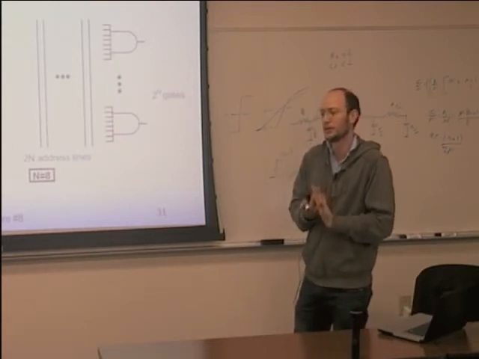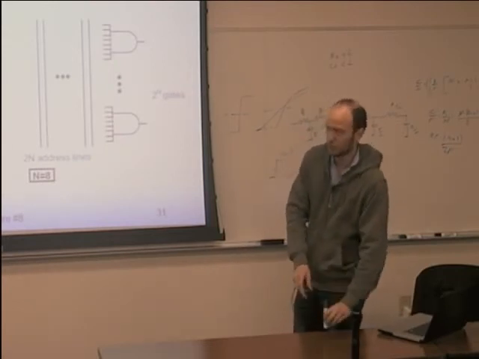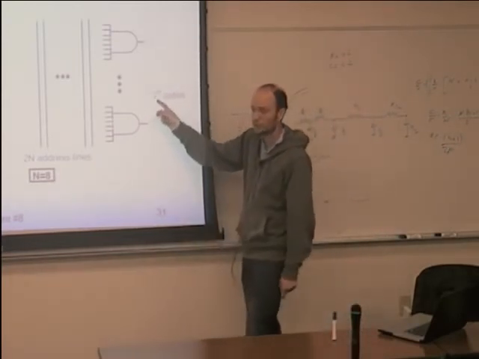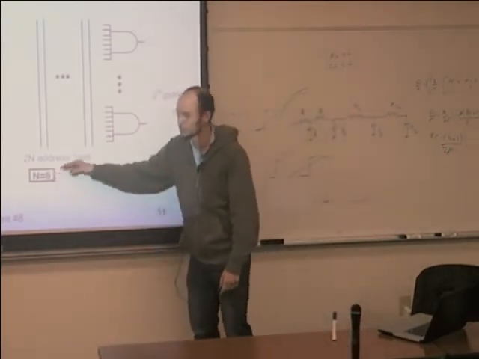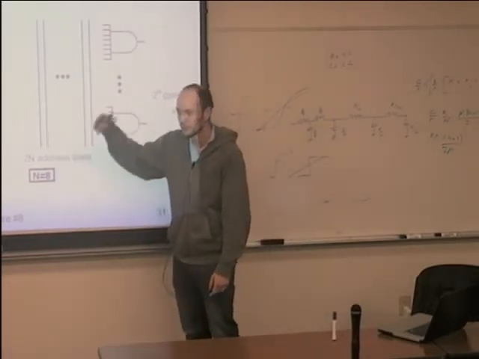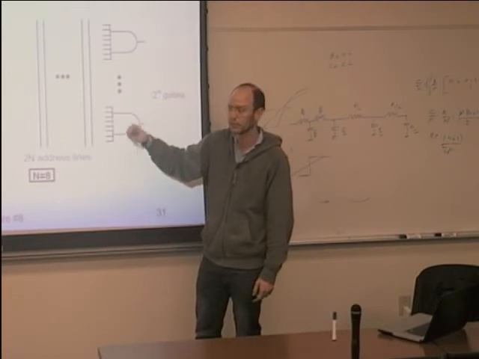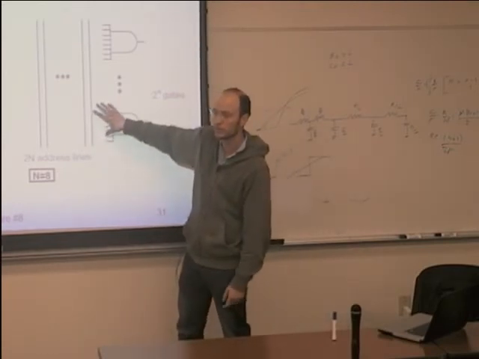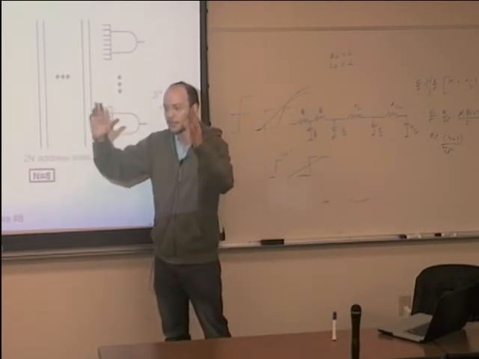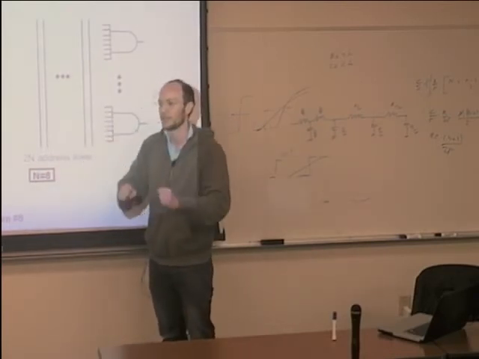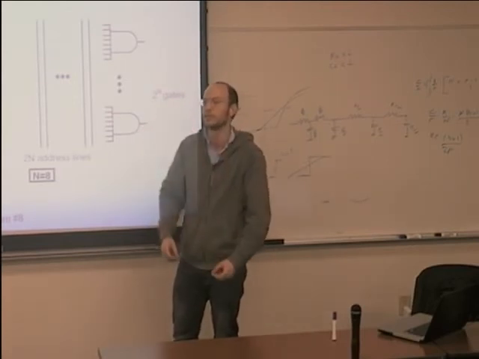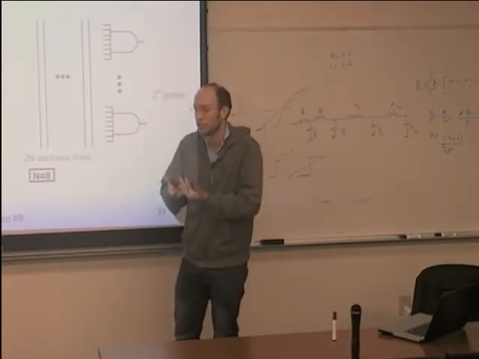Why? Because this is a very simple problem. The matching is one-to-one. The number of different values that you can give to these inputs is exactly 2 to the n. If I give you 8 bits and ask how many different 8-bit numbers you can give me, that is 2 to the 8.